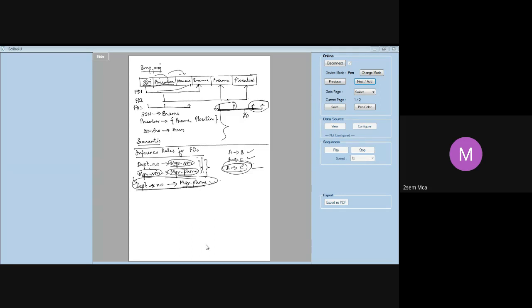Therefore, in order to define this, we have a concept called closure. Closure is going to include all possible dependencies.